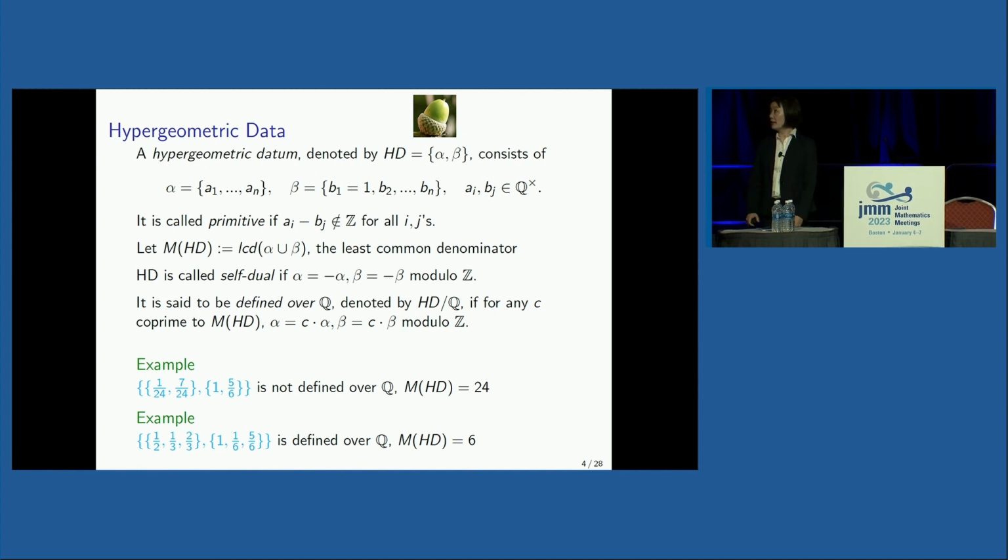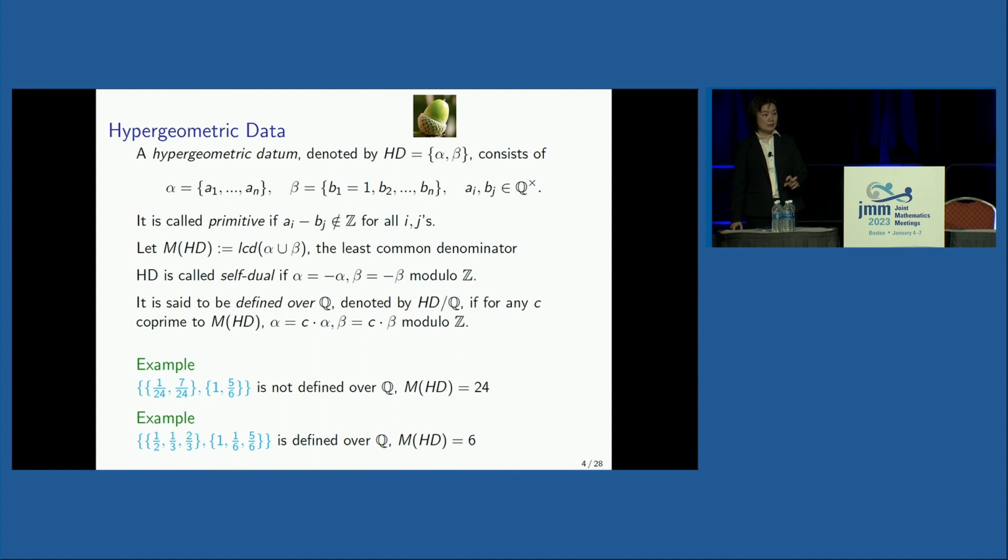Elements in alpha are called a_i. They are chosen from non-zero rational numbers, and the length of alpha is called the length of the hypergeometric datum. Beta is another multiset of the same length, and the elements are also rational numbers, and the convention is b_1 is 1.